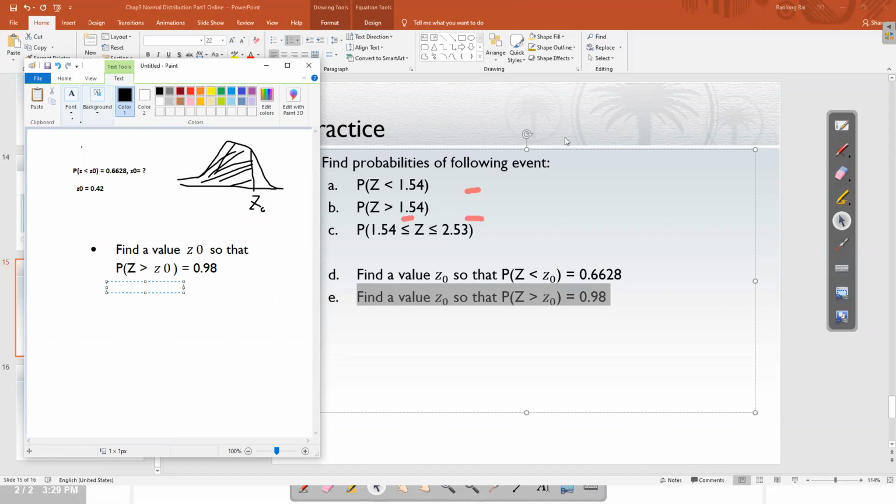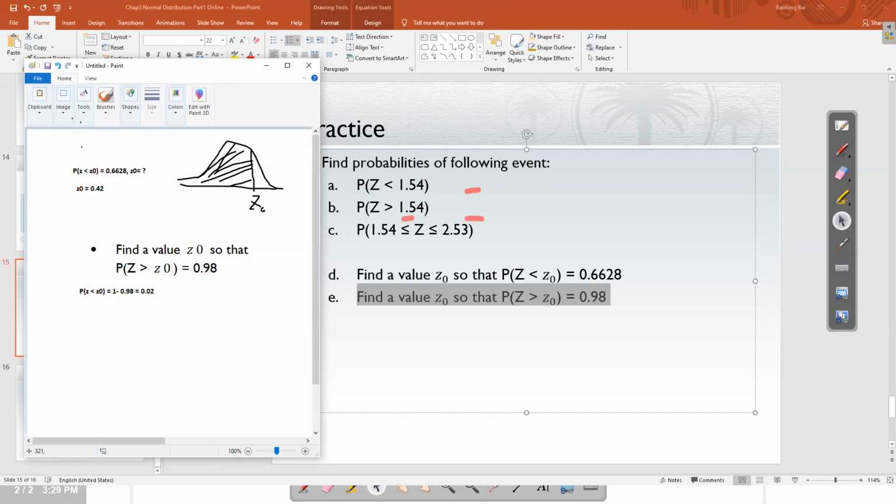Greater than is to the right. Drawing the density curve will help you to realize that. So we know we're not able to find that directly. We need to convert it. The probability of Z less than z0 will be 1 minus 0.98, and that equals 0.02. And now it's consistent with the Z-table.